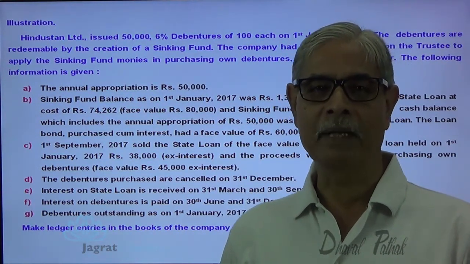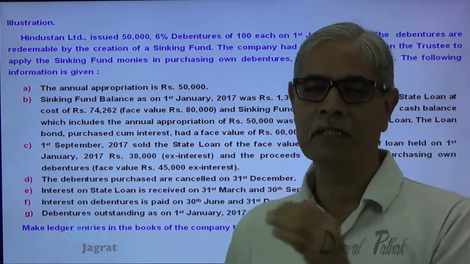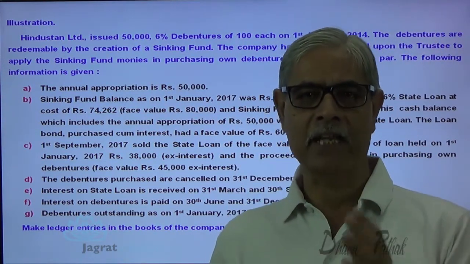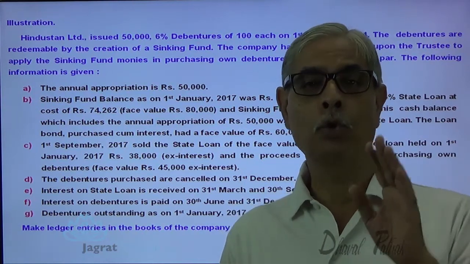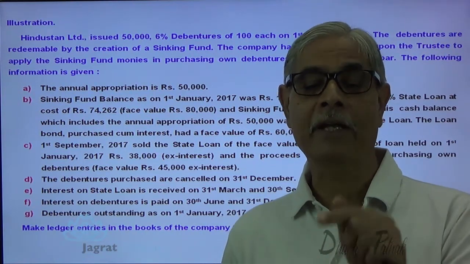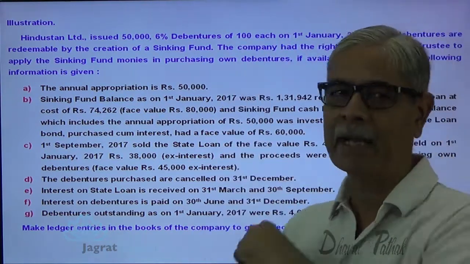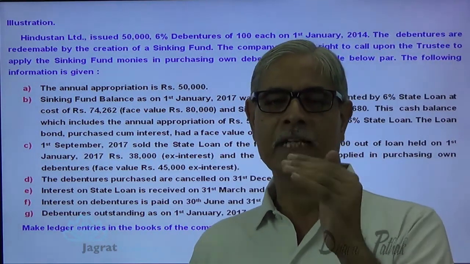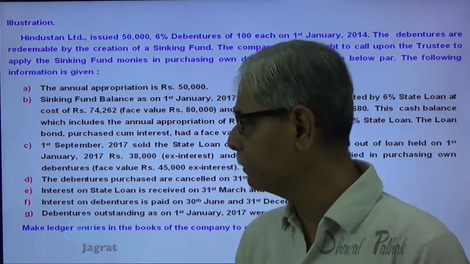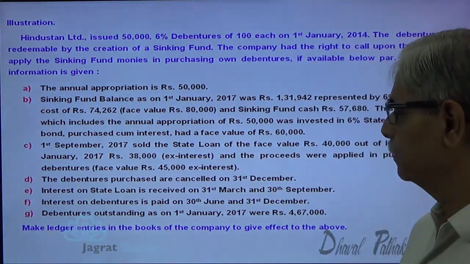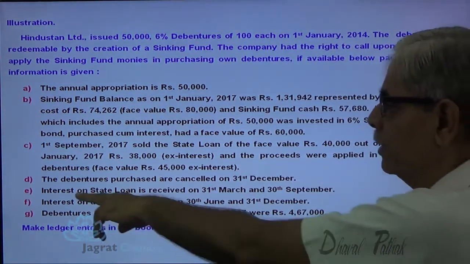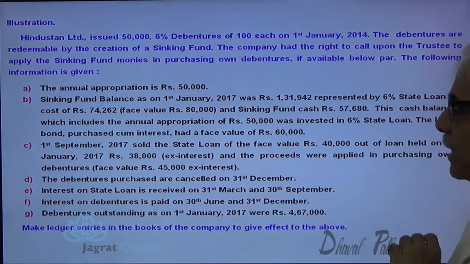Which are the opening balances I am going to record? Sinking fund investment, sinking fund cash, debenture liability account, and over and above, the accrued interest receivable on sinking fund investment. Because my accounting year is a calendar year, starting from 1st of January to 31st of December, but the interest dates on state loan are 31st of March and 30th September.